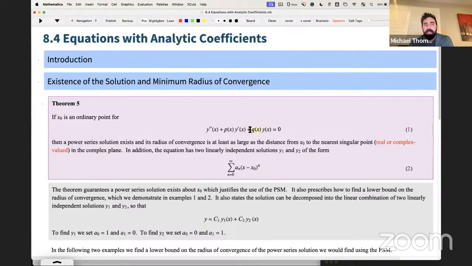By the way, in addition, I guess we could have mentioned this in the last section, but because this one is second order, the solution that you'll get will have two linearly independent solutions, and they're both going to be of this form. There's a bunch of them, right?